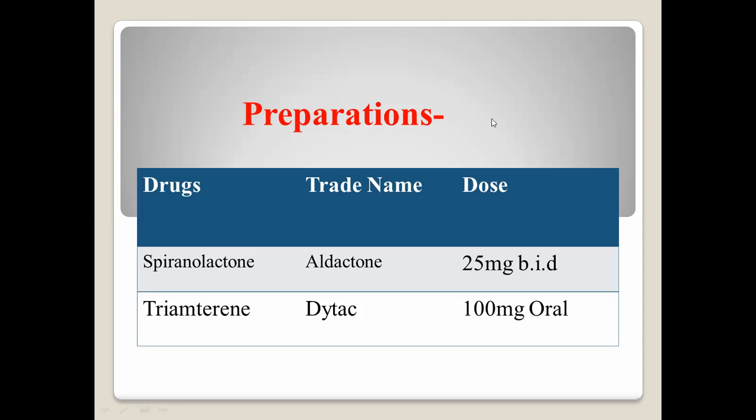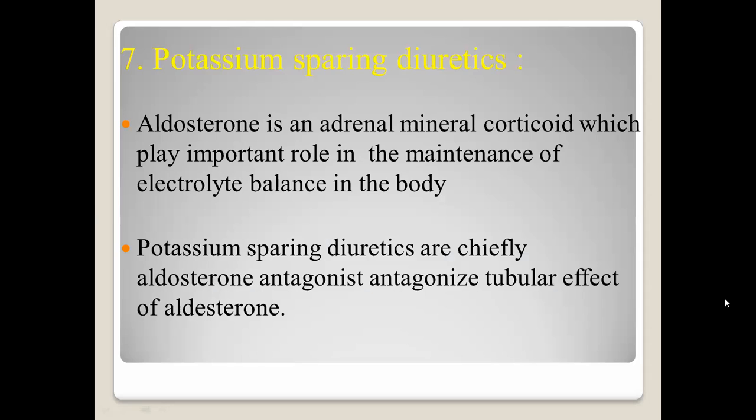So when potassium sparing diuretics antagonize the tubular effect, it leads to loss of sodium and water in the urine. Which ions are lost? Sodium ions and water. Is the sound audible? Yes, ma'am. Loss of sodium and water in the urine, and thus this agent spares, meaning protects, the potassium ions.